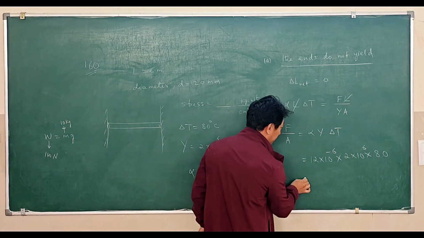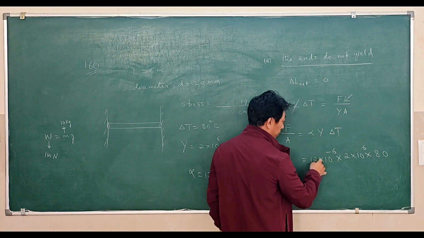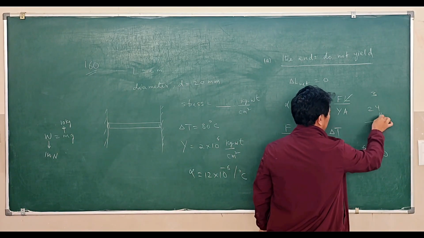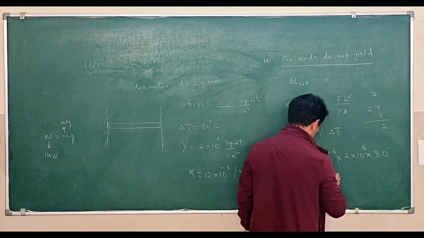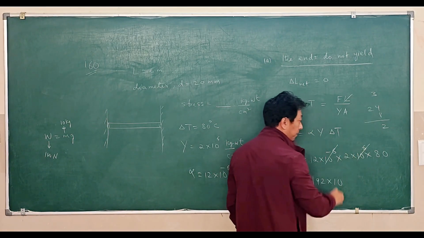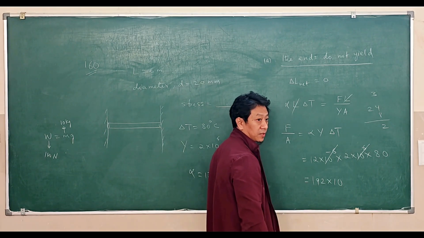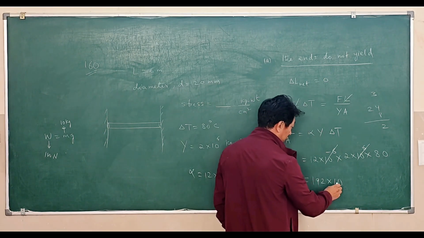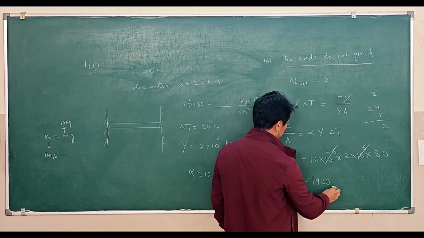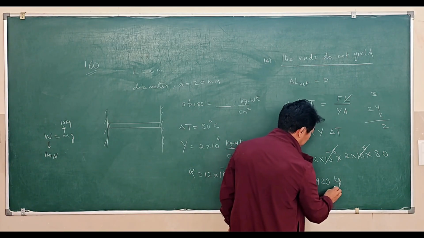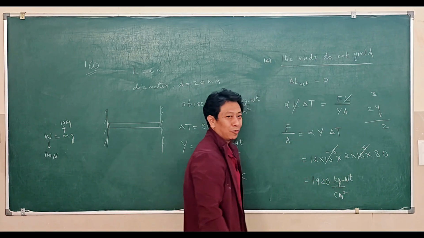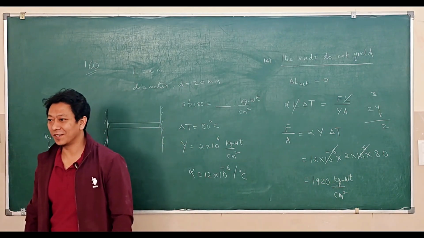How much will this come? 2 2s are 4, 24 into 8. 8 4s are 32, 8 2s are 16, 19. So 192 into 10 to the power, these two will cancel. Minus 6 plus 6. So 192, and this 0 is there. That much stress, kg per centimeter square. But I want to write kg weight. It looks very awkward to write only kg.